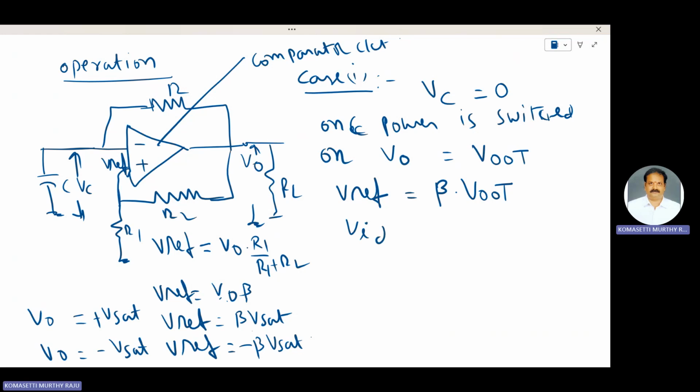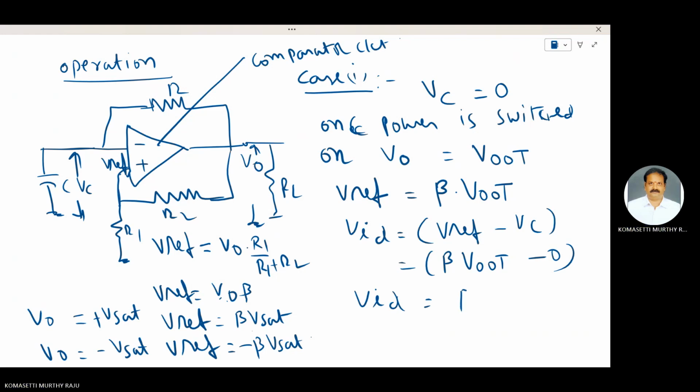The difference voltage VID is equal to V reference minus VC. VC is 0 and V reference is beta times V over T. Therefore, the difference voltage VID is equal to beta times the output offset voltage. This is positive.